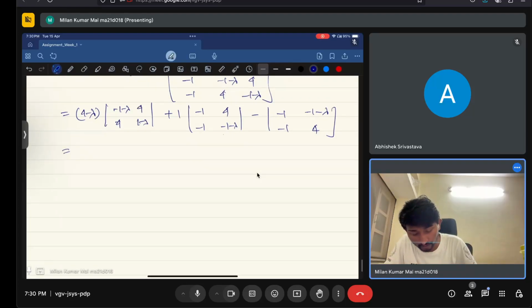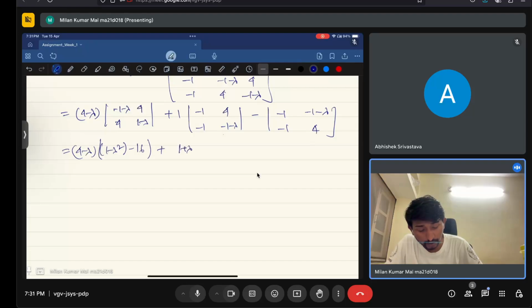So therefore what it will be: 4 minus lambda into 1 minus lambda squared, plus terms in 1 plus lambda, and 4 minus 1 minus lambda. I hope I have written correctly.